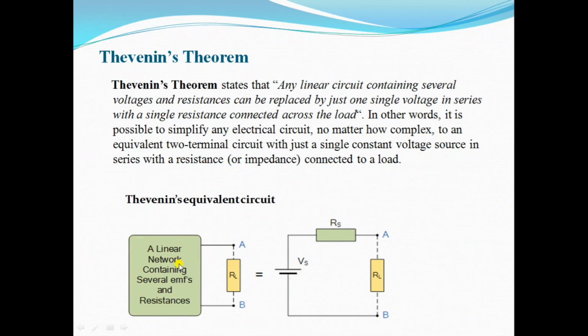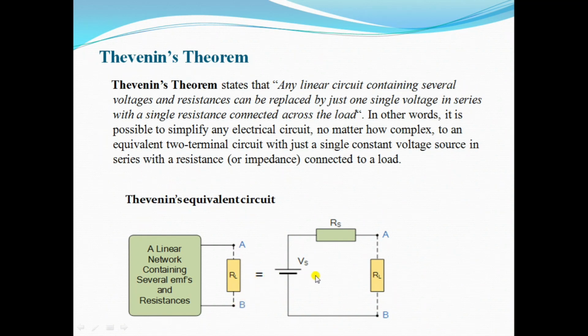Assume it is a complex electrical circuit or a network, which is linear, containing several EMFs or voltages and resistances, which is connected across the load or load resistance within the terminals A and B.